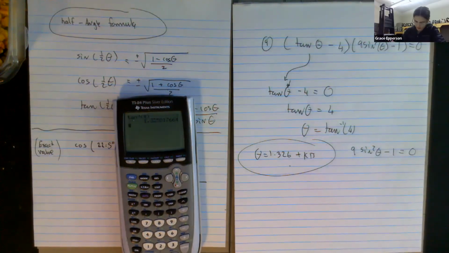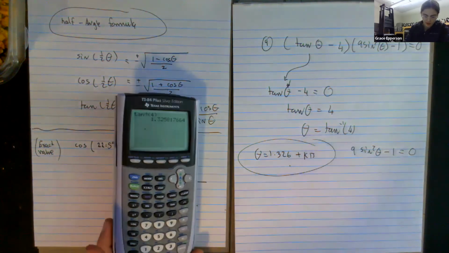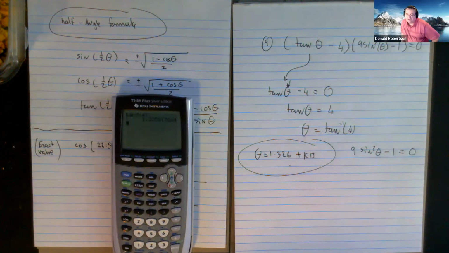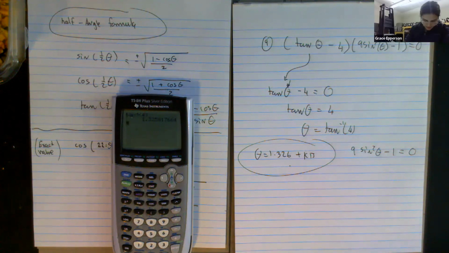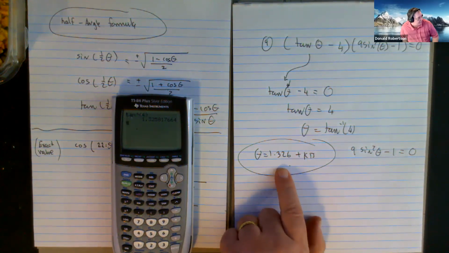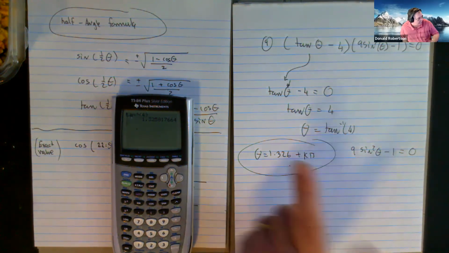When I'm taking the inverse tangent of 4, I'm getting 75. Ah, that's because you are in degrees, not radians. There we are. And why do we want to be in radians as opposed to degrees? Only because the question had radians in all of them.